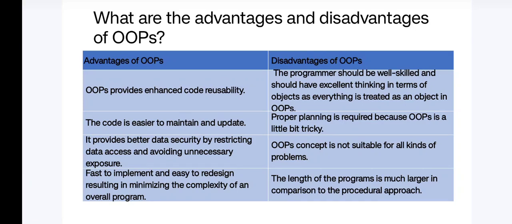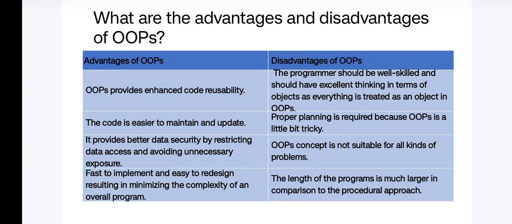Next advantage of OOPS: fast to implement and easy to redesign, resulting in minimizing the complexity of an overall program. If you see the structure of OOPS-incorporated classes or programs, you will see that the design is very easy.